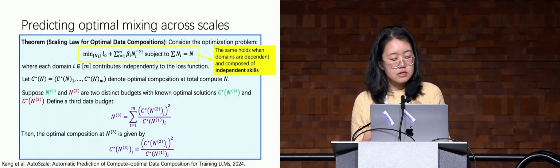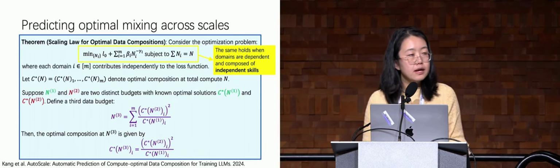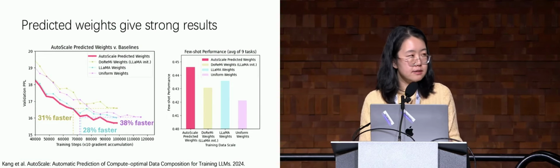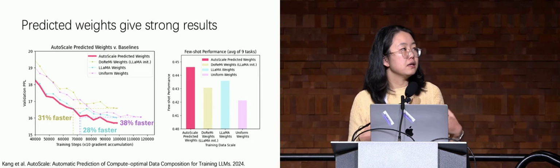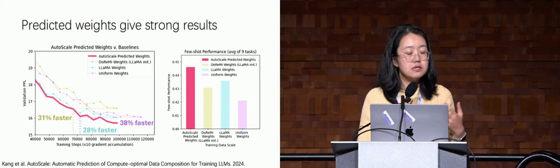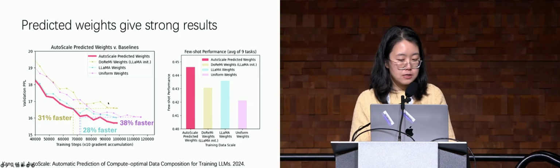I'll call them C star of n1 and C star of n2. And this theorem says that you can define a new budget in this way, and its optimal allocation can be completely determined by the optimal allocations for these two existing budgets that you already know the solutions for.